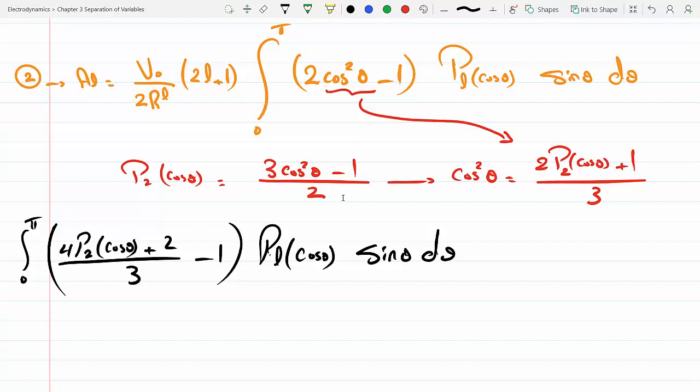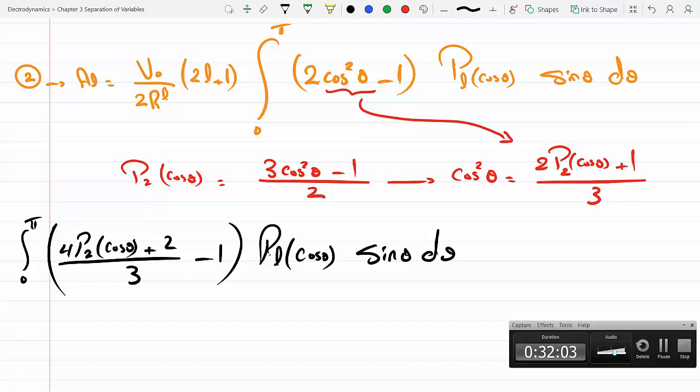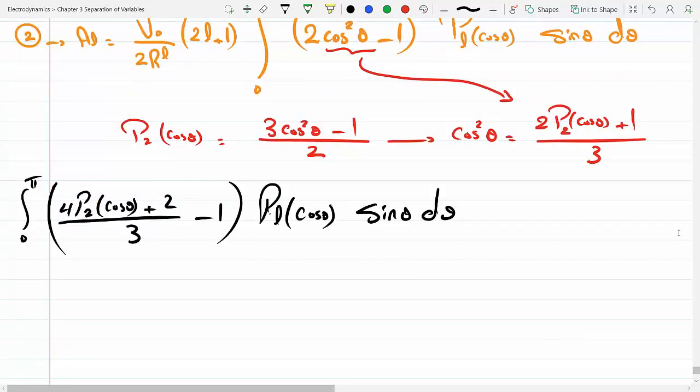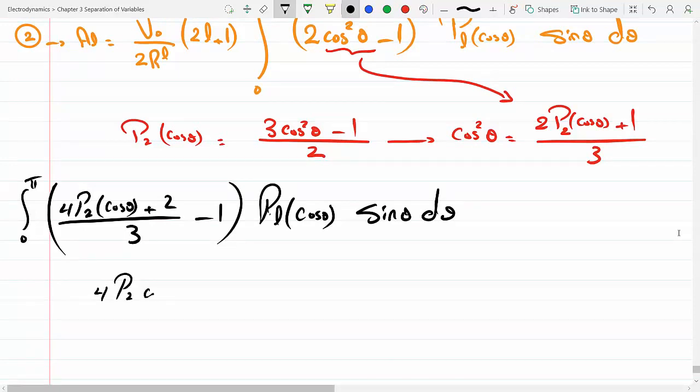Wait, is this minus or plus 2 cosine squared? Yeah, I think it's minus, but I just want to check because everything is riding on the truthfulness of this trig identity. Yes, it's correct. So minus 3, so this becomes 4 P2 cosine theta.